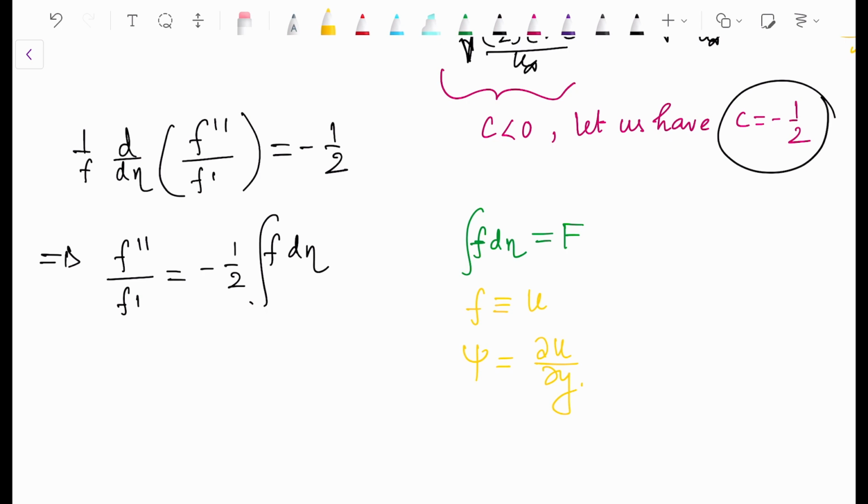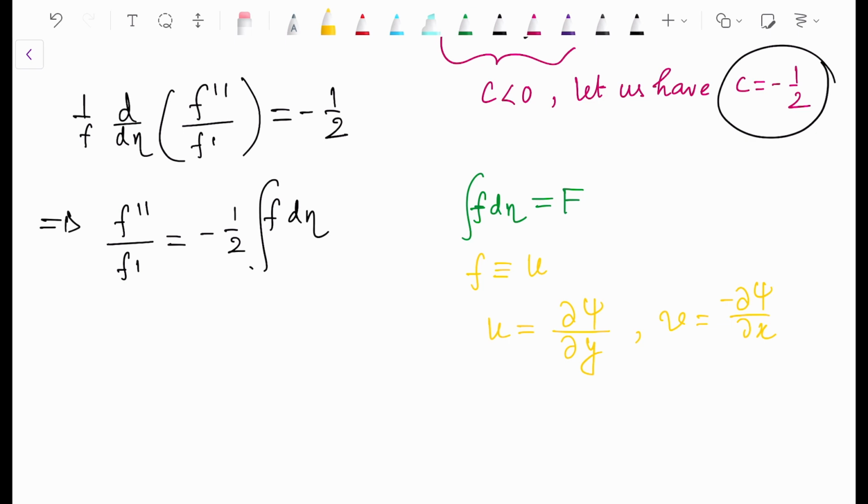You can have a minus, you cannot have a minus. So u is defined as d psi dy, and then v will be defined as d psi dx. I apologize for the mistake. Okay, and if you have a minus here, then you will have a plus here.